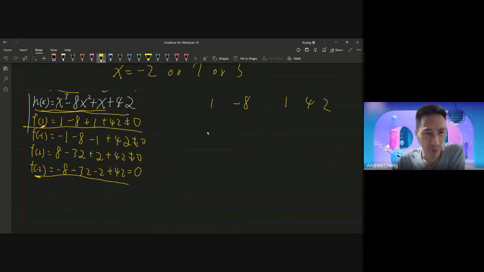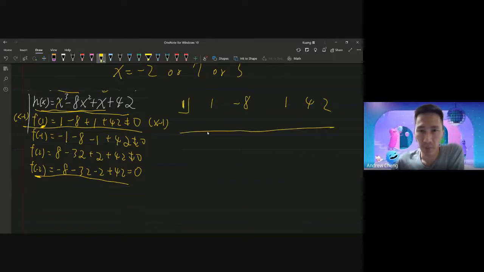You can either use this plugging in or use synthetic division. So if you want to plug in 1, that means you divide by x minus 1. So you put 1 here. Okay, so let's start. 1 times 1 is 1. Negative 8 plus 1 is negative 7. And then negative 7 here.